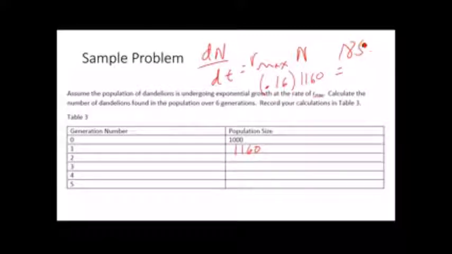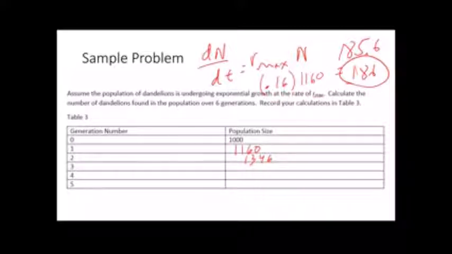Well, we can't get 0.6 individuals, so I'm going to round that off to 186. So between generation 1 and 2, our population grows by 186. So we're going to say 186 plus our generation 1 population size, which was 1,160. After generation 2, we have 1,346 individuals.